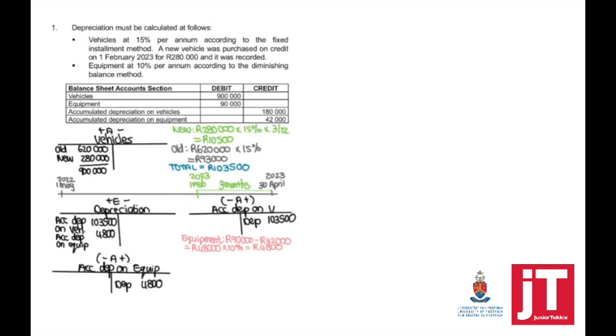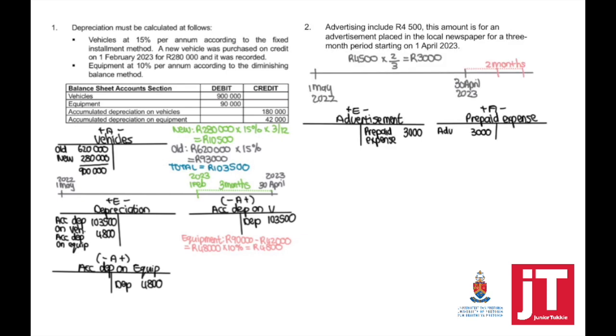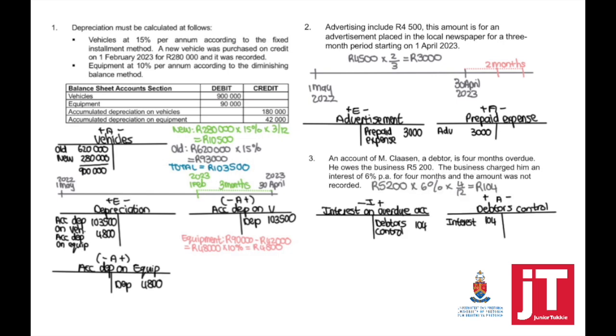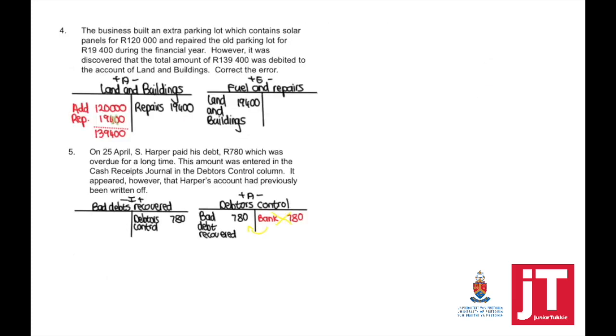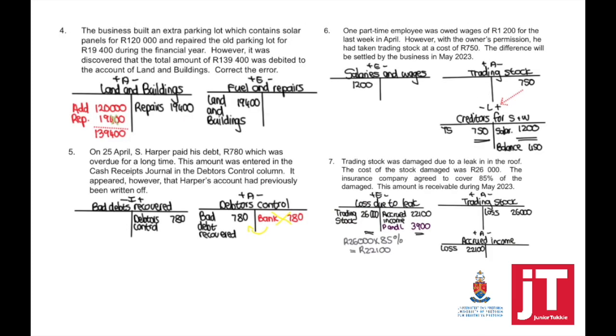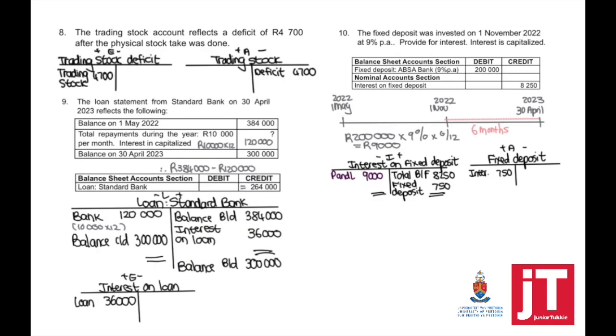Similar to activity 4, if you are not sure of any of the calculations that we've done, any of the adjustments, you can refer to all the workings that we've done from adjustment number 1. We've got up to adjustment number 10.